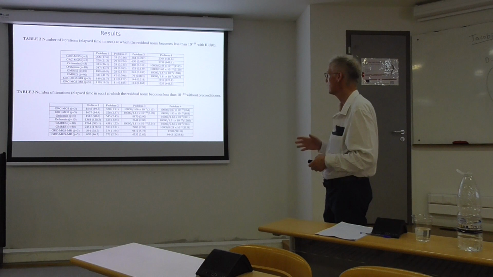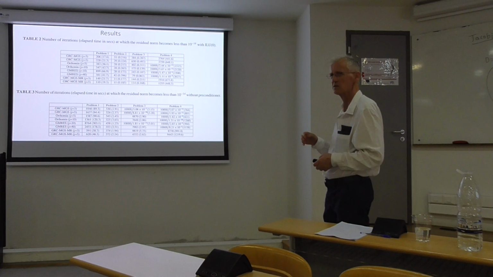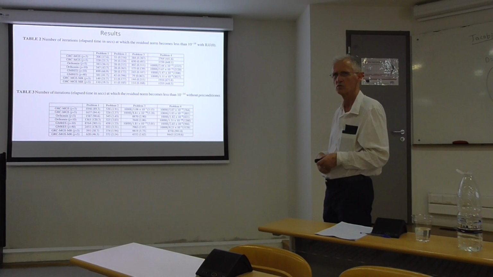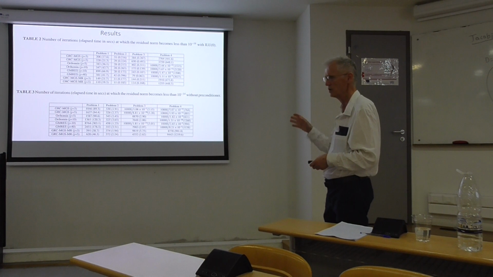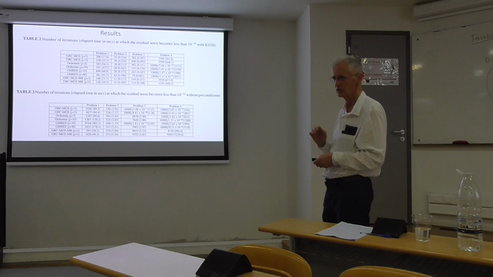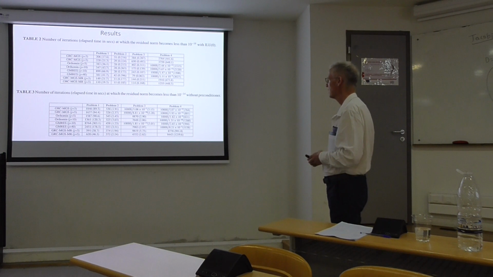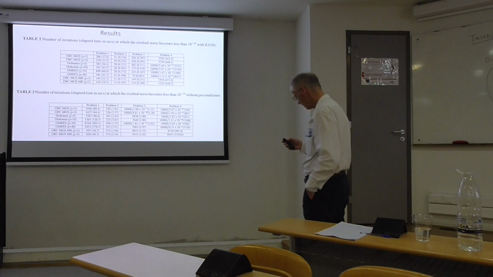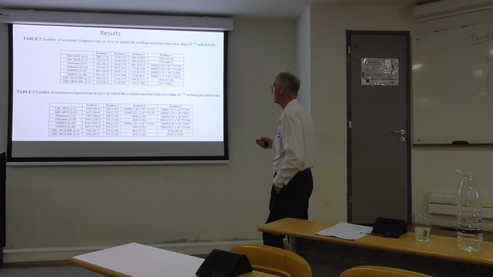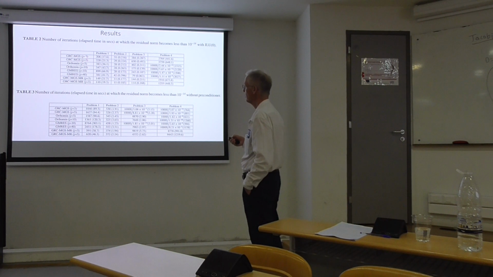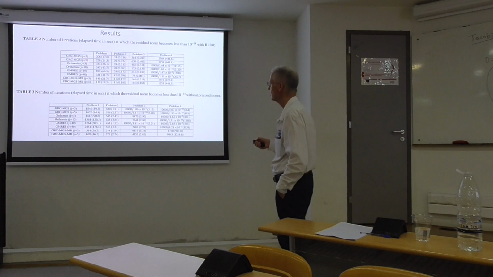Okay, for the results, because it's too much to go through each problem, I will only show the last problem, which is the most difficult. We did several tests with various j's, because j is the number of vectors which we keep in store.